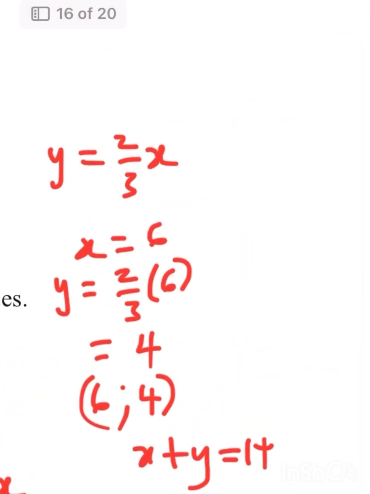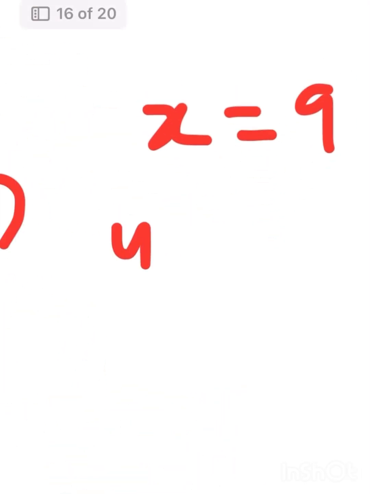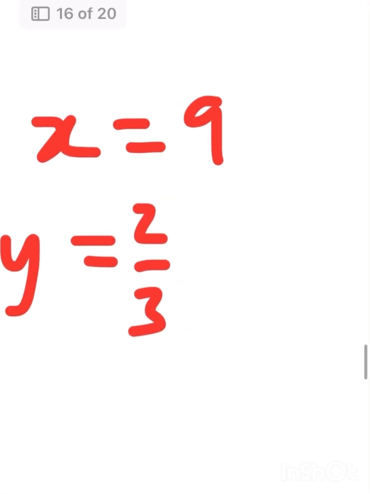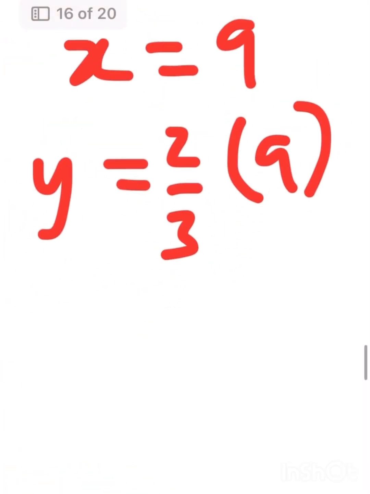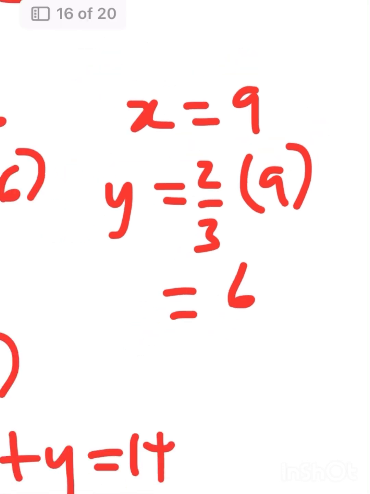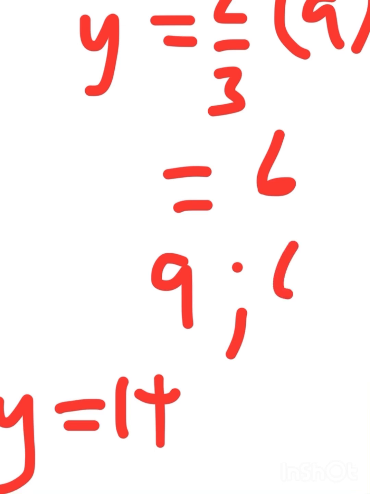Then I will say again, if x is equals to 9, then y is equivalent to 2/3 of 9, which is actually going to make a 6 there. So 2/3 of 9 is equivalent to 6. So I'll take my coordinates 9 and 6.